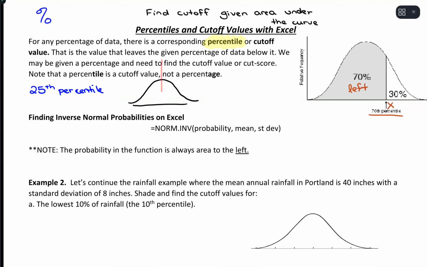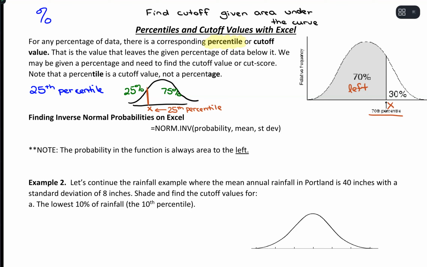So if I imagine that line at the mean, I'm going to move to the left-hand side a bit because I need a smaller area to the left. I'll draw a line maybe here-ish, and that would be some X value. Here I have 25% of the data to the left, 75% of the data to the right, and that value for X is the 25th percentile. So just being given that wording of 25th percentile, I can get a picture going. I know where the percentages are landing. What I don't know is the numbers on the number line.